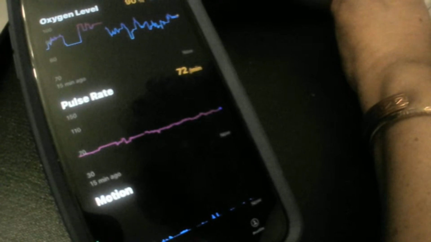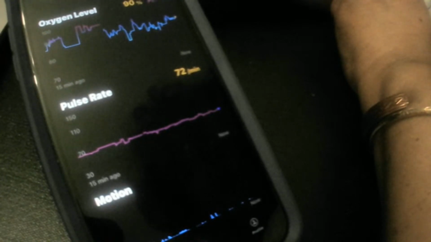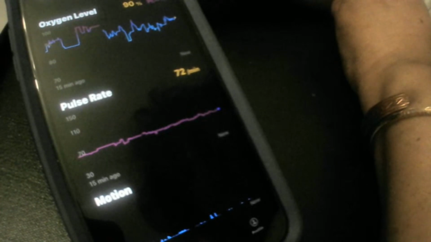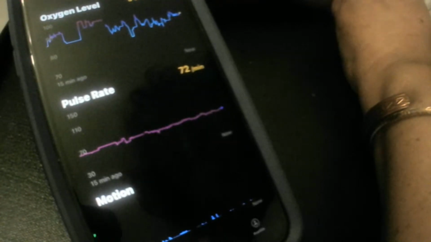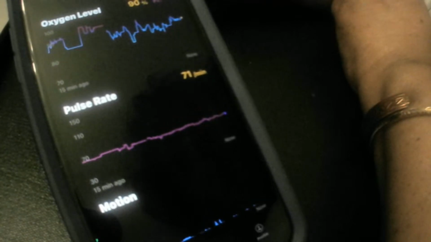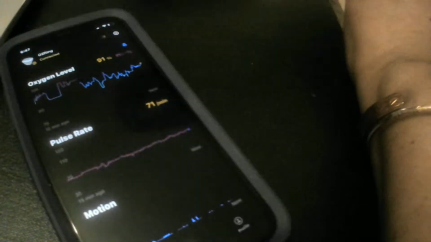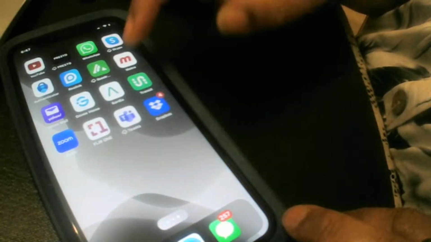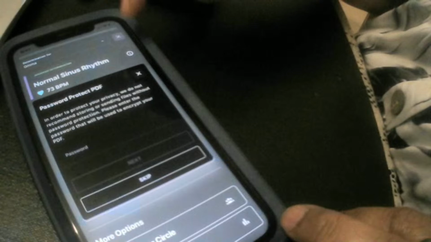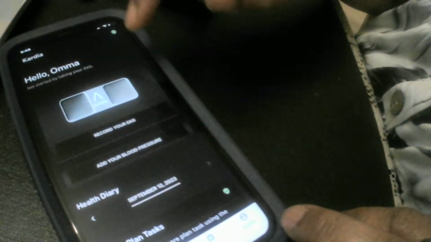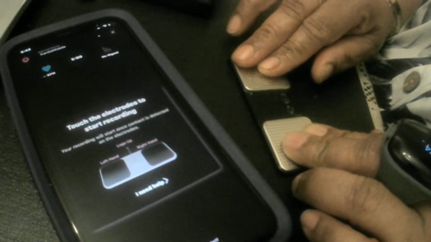It's burning and it's hurting. 72. Heart rate, 71. So it didn't change much. So what does the ECG look like? Let's see what the fingers.